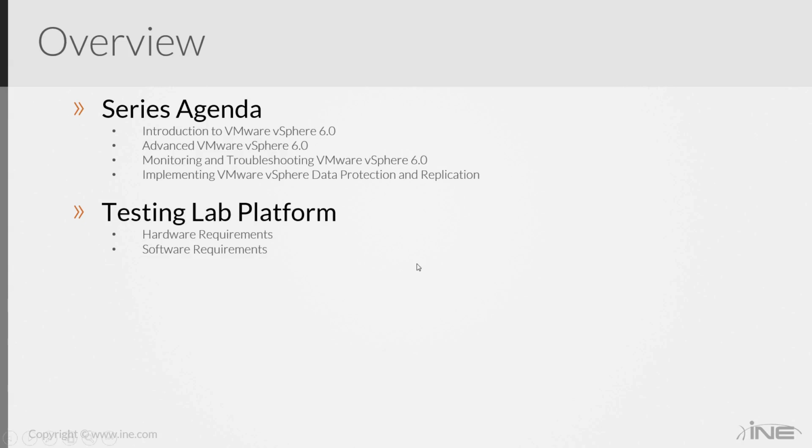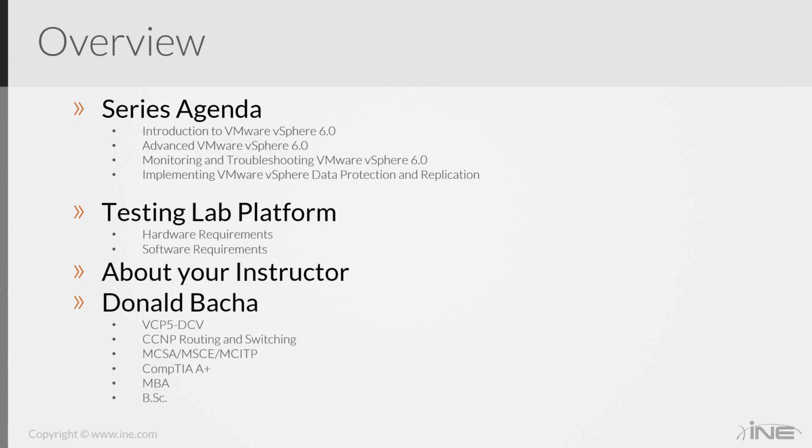Let me just talk a little bit about myself. As I mentioned, my name is Donald Batcher. I've been in the networking field for about 10 years. I've been working with Microsoft and VMware virtualization technology for about 9 to 10 years too. I have a bachelor's degree in management as well as a master's of business administration.